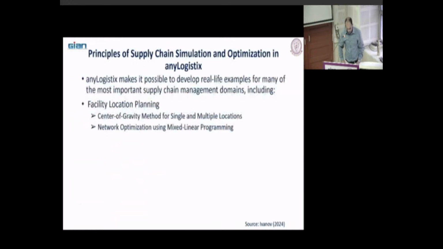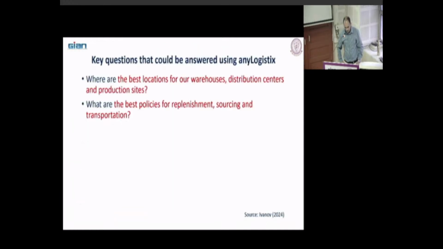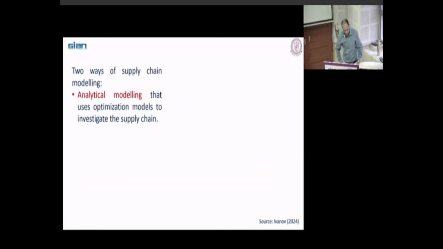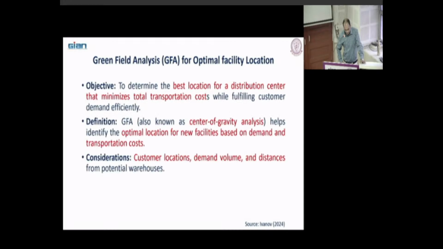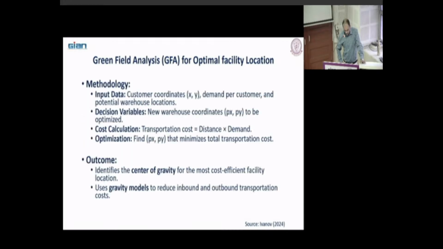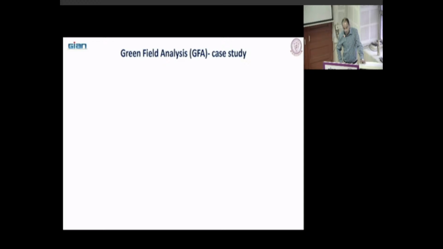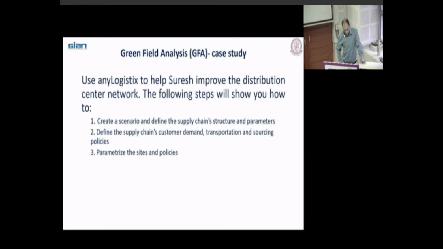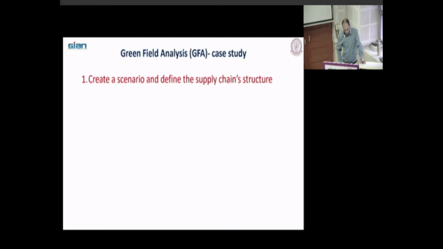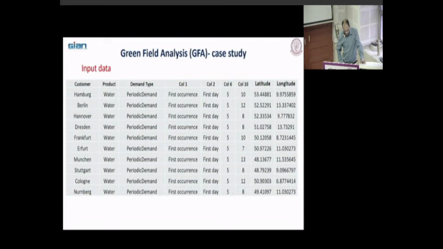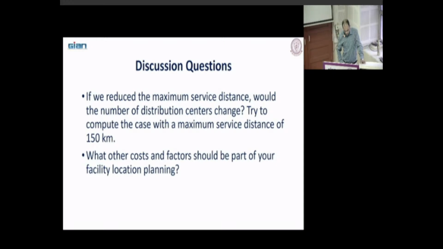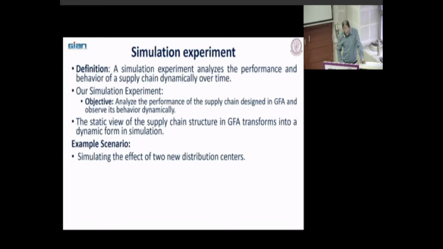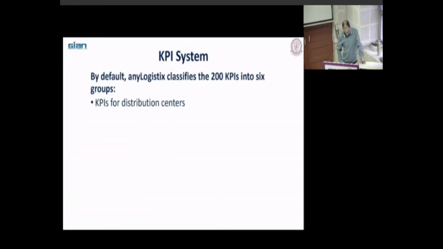Okay, we covered these parts. Tell me some performance KPIs, guys, for greenfield analysis. What was the cost for the single distribution center? What was the flow amount?